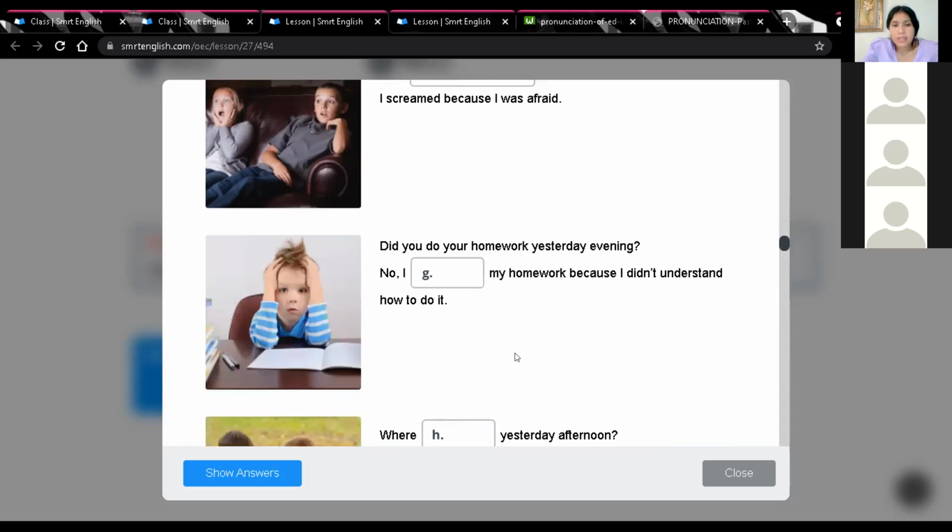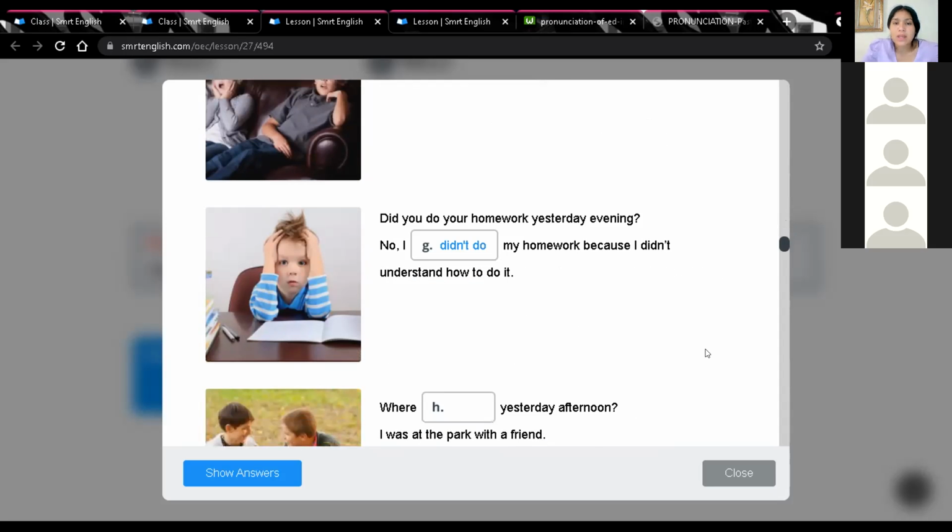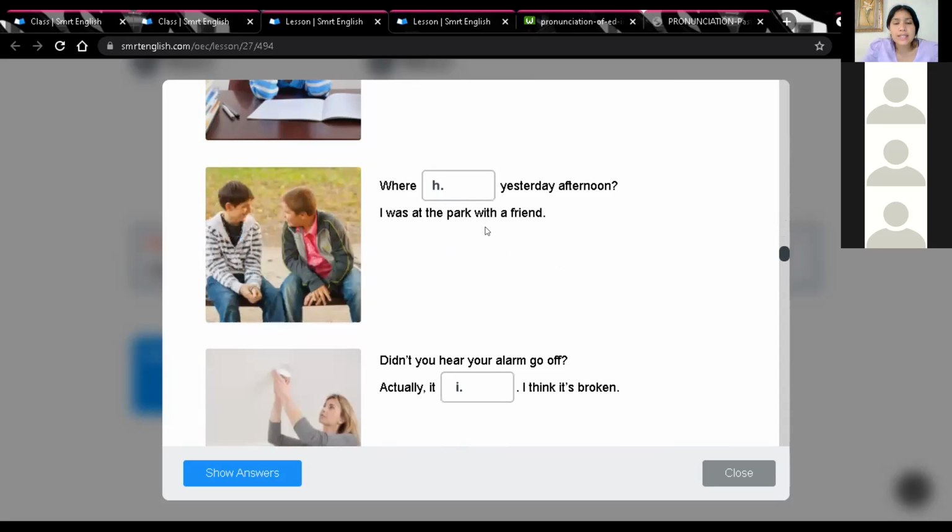Letter G, Guillermo, did you do your homework yesterday evening? No, I didn't do my homework because I didn't understand how to do it. Very good. Alejandro, the answer says, I was at the park with a friend. What is the missing part of the question?